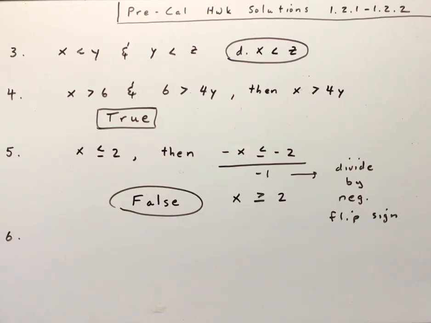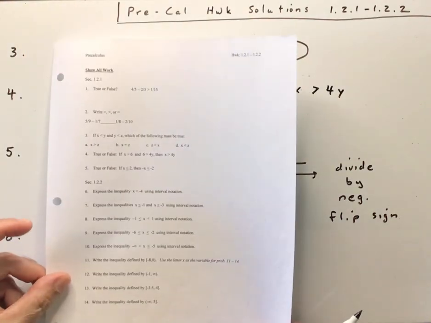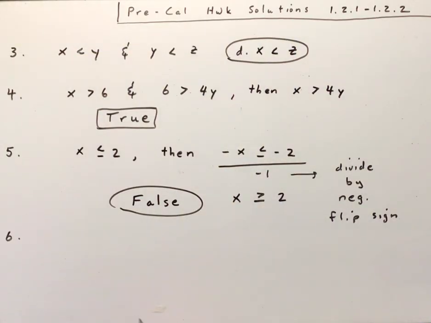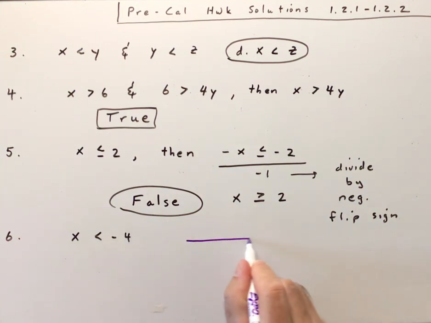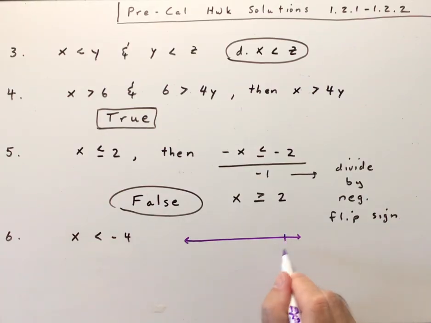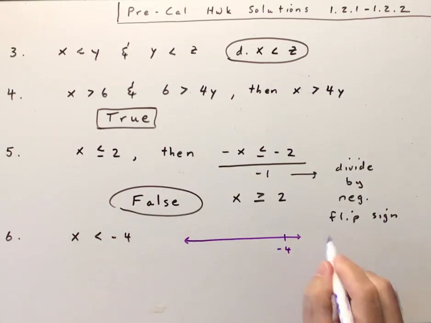Okay, number 6, we want to express the inequality x less than negative 4 using interval notation. So we have x is less than negative 4. I'm not going to do this on all of them, but let's go ahead and draw out a sign line. We got a line here, and let's put negative 4 on it.